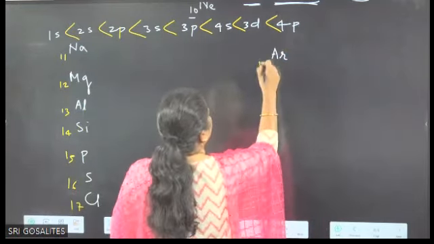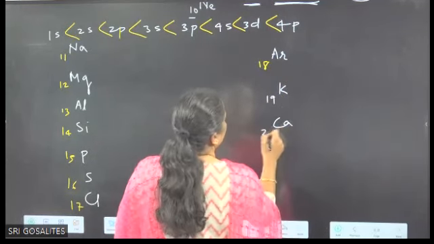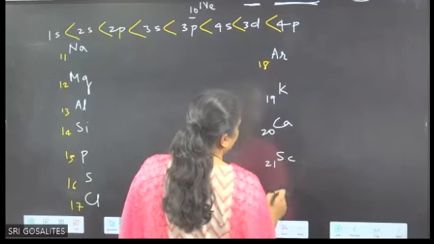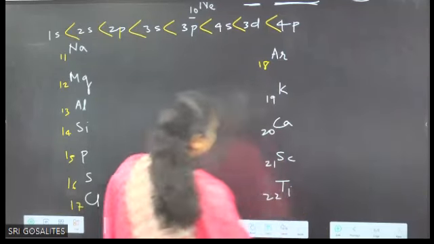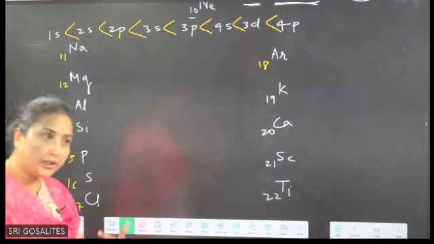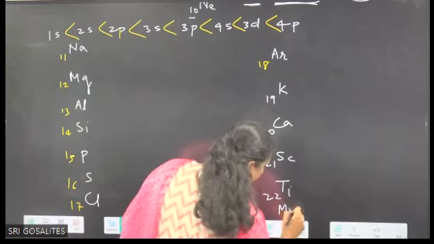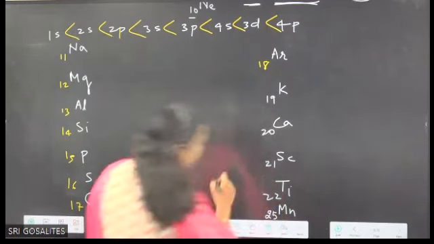Argon is 18. Potassium is 19. Calcium is 20. Scandium is 21. Titanium is 22. Only to give you a feeling of involving the d orbitals also, I've given you titanium. In fact, I'll give you Mn also, 25, so that you get more feel of it.